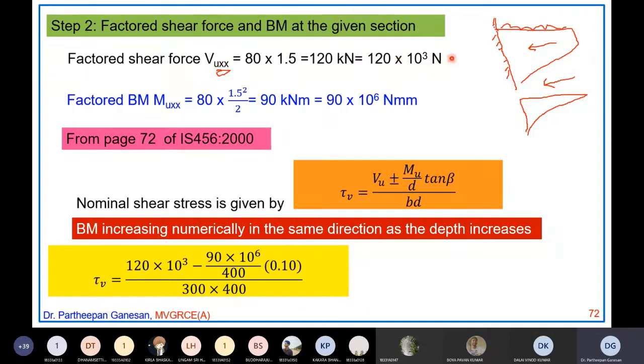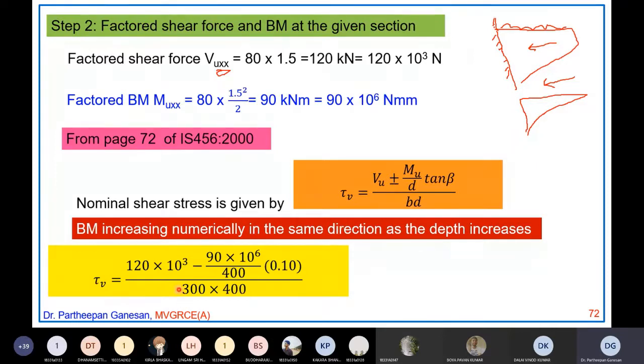So shear force is in newtons, 120 into 10 cube Newton, minus bending moment, which is 90 kilonewton meter, so 90 into 10 power 6 Newton millimeters, divided by d, again d at the section only, d,xx, that is 400 mm, which we have found earlier, and tan beta is 0.1, which we have found in the first slide, divided by b into d.